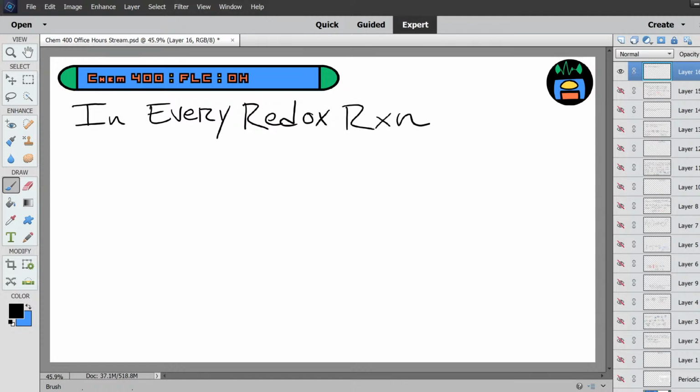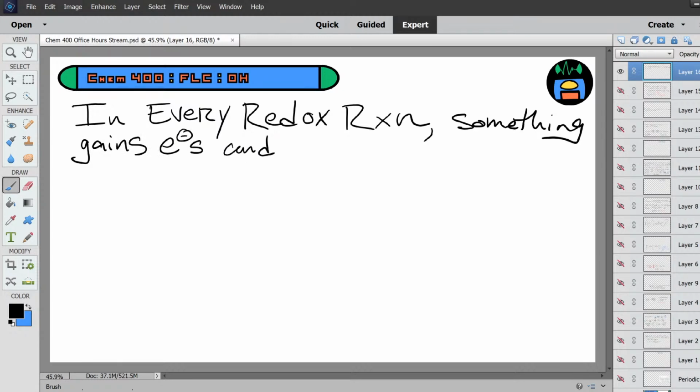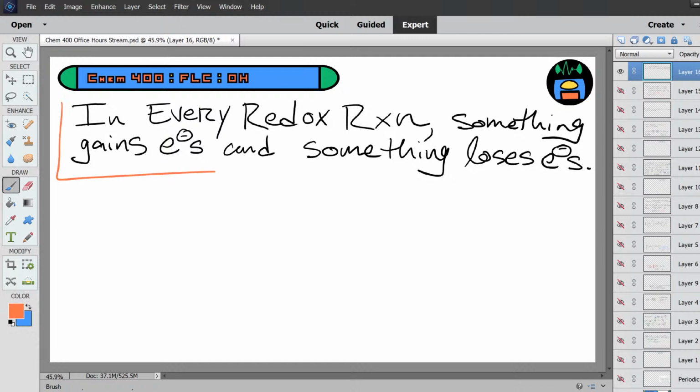In every redox reaction, something gains electrons and something loses electrons. In every single redox reaction, this is the case.